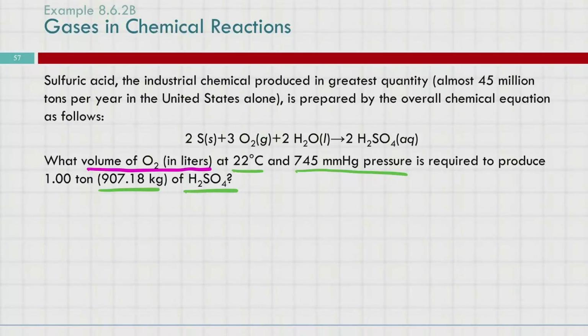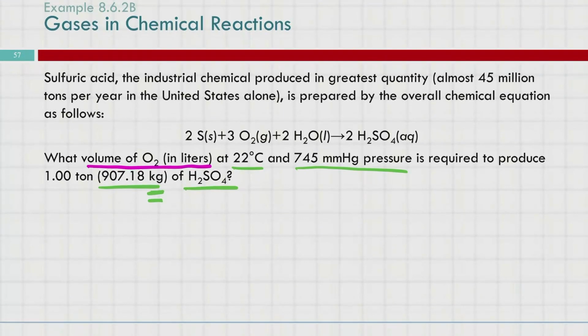And 1 ton is about 907 kilograms of sulfuric acid. So the unit that we're going to be starting with here is the kilograms of sulfuric acid, since we're asked to find volume of O2.